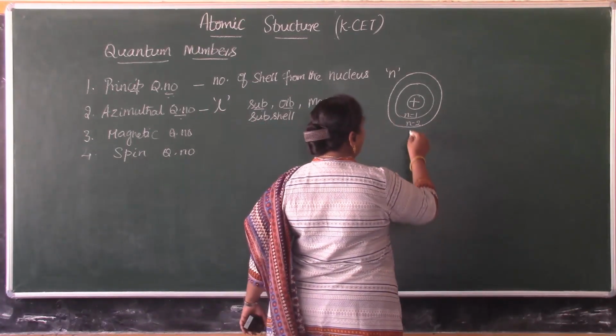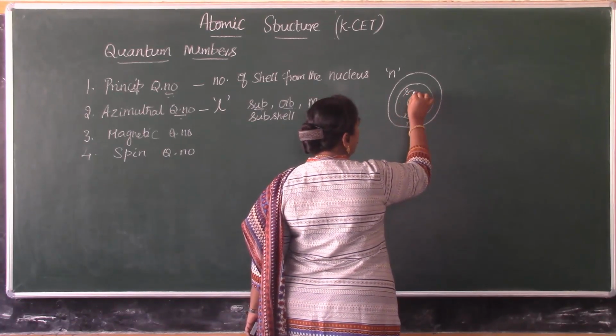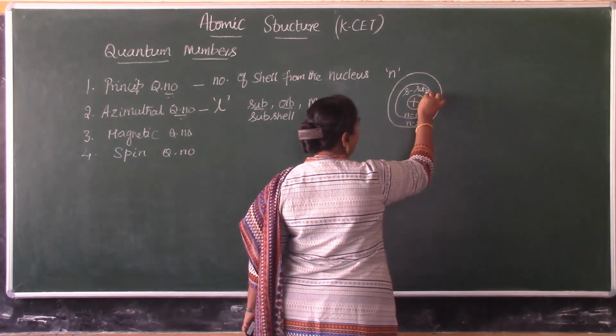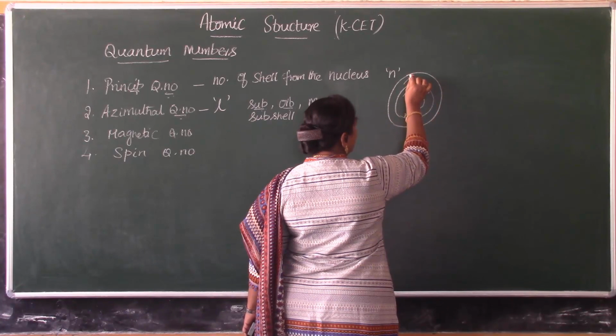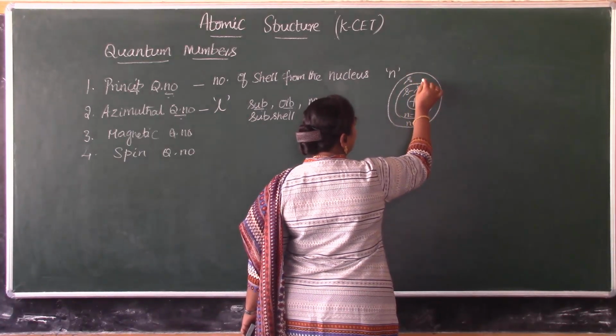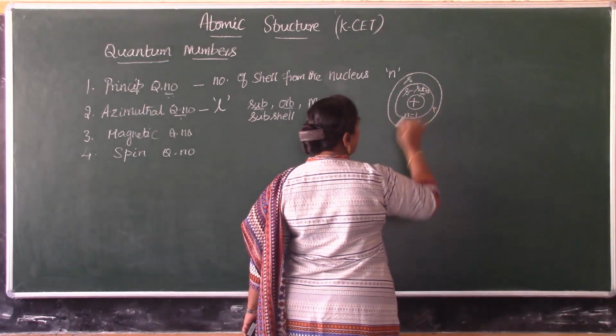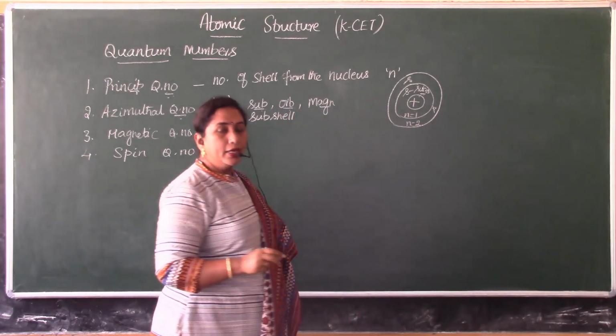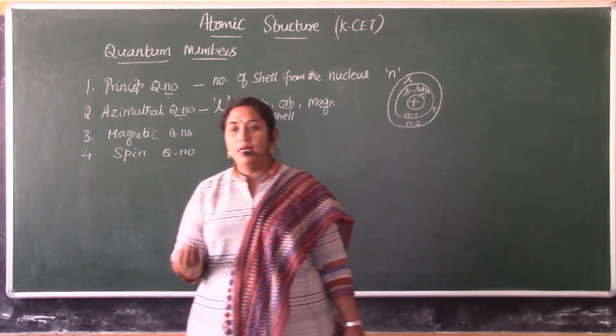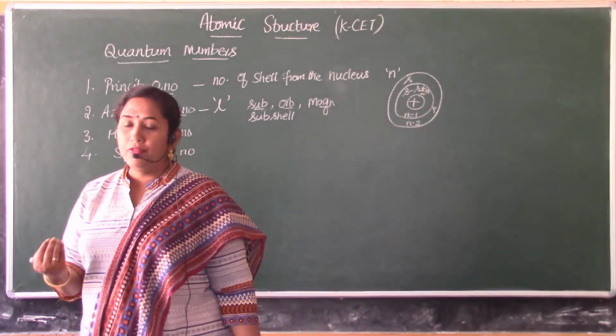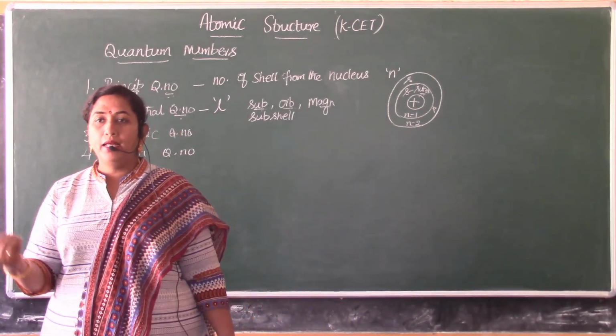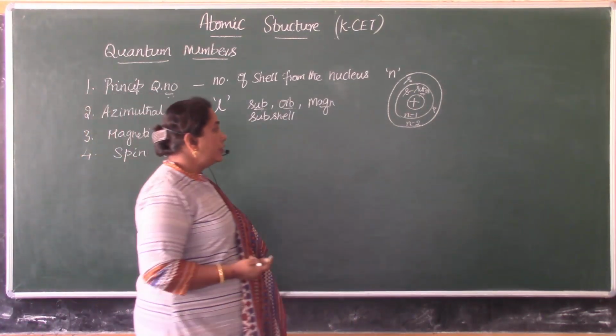Say for example, the first shell is divided into only one subshell, that is S subshell, and the second shell is divided into two subshells as S subshell and P subshell. Likewise the third shell is S, P and D, and the fourth shell is S, P, D and F. And how do we distinguish this?